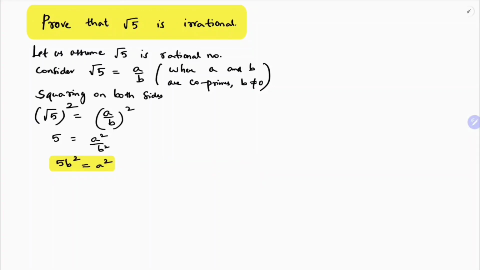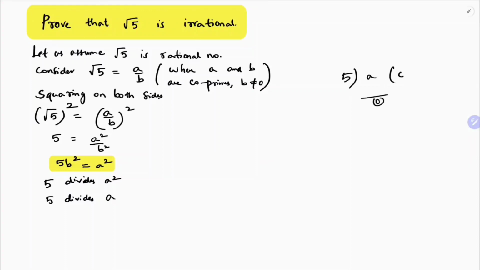So here it's very clear that 5 divides a square. So I can write 5 divides a. If 5 divides a, the remainder will be 0.